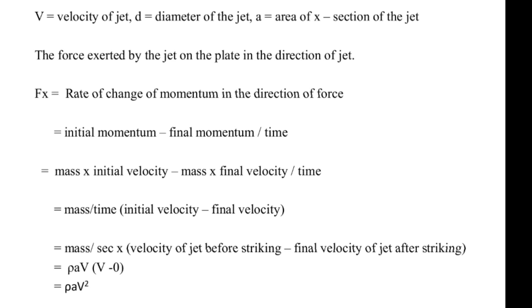The force exerted by the jet on the plate in the direction of jet, Fx, equals the rate of change of momentum in the direction of force. Rate of change of momentum equals initial momentum minus final momentum divided by time.